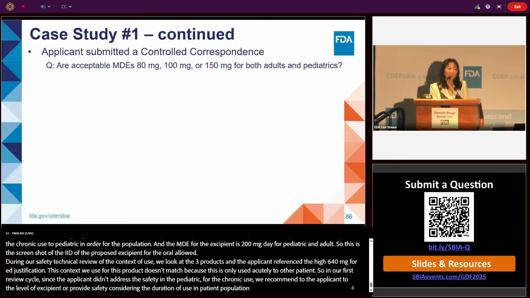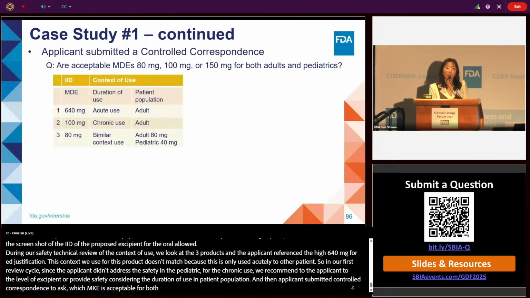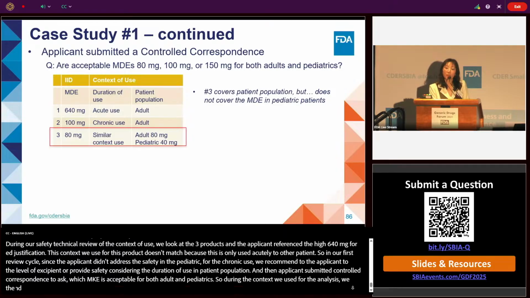Then the applicant submitted a controlled correspondence asking for our input on which MDE is acceptable for both adult and pediatric. During our context of use analysis, we found that product number 3 can cover the patient population, but this still does not cover the MDE for pediatrics, because indeed the pediatric MDE is half of the adult MDE.